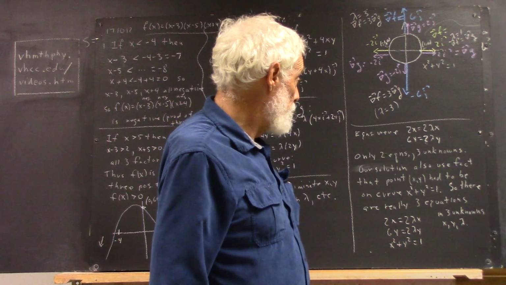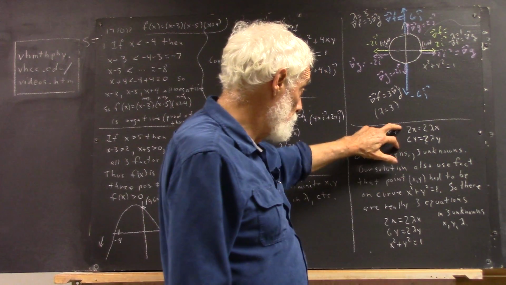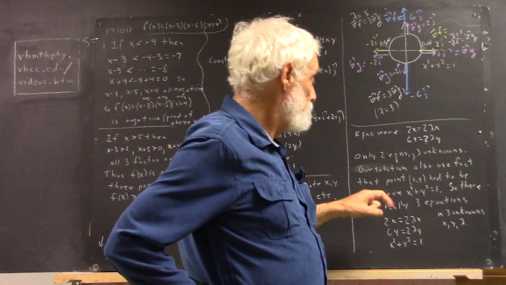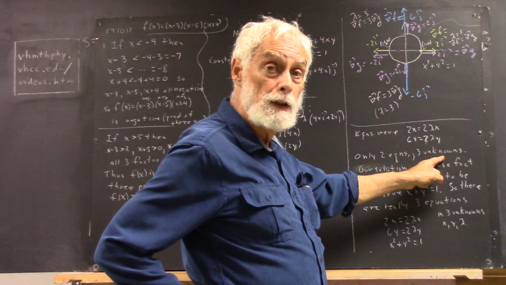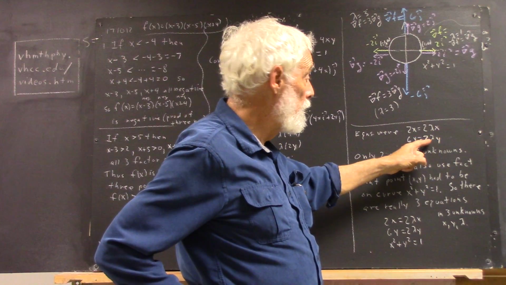And the equations were these. Those are the equations I'm talking about for this present example. That's only 2 equations in 3 unknowns. You have 3 unknowns, x, y, and lambda.